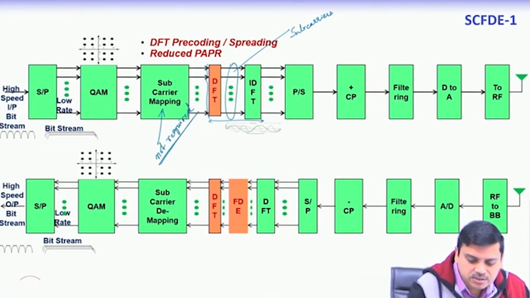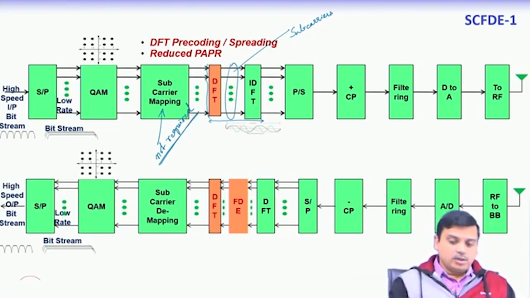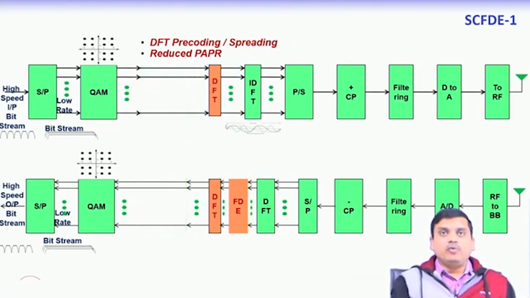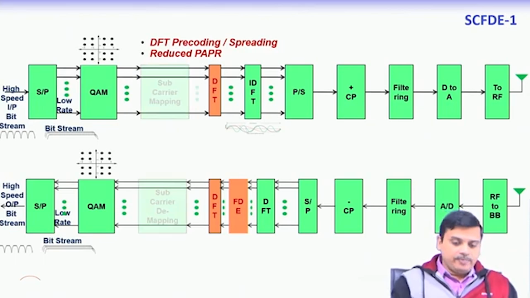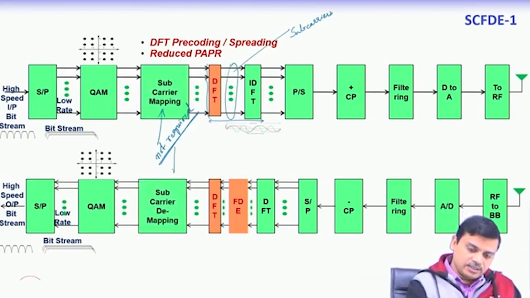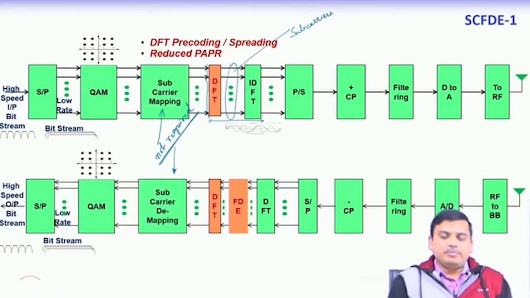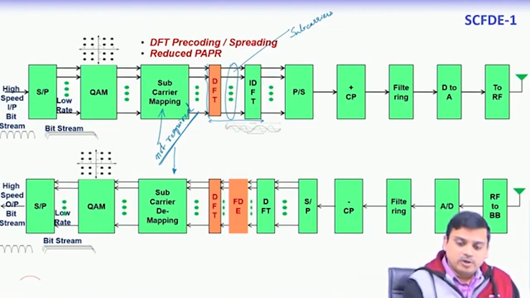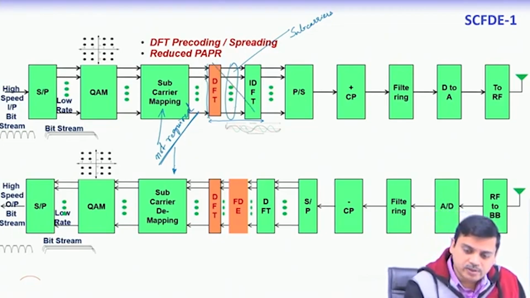This is also very important to note. If we do away with the subcarrier mapping, correspondingly the receiver operation of subcarrier demapping would also not be required. So, we are doing away with this part, this part, and this part.